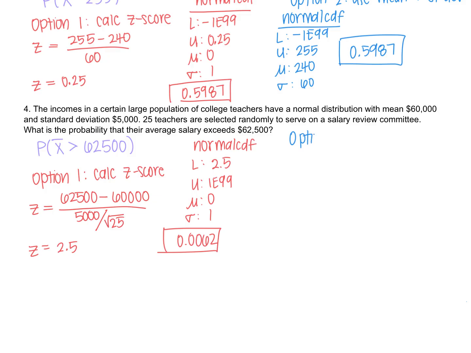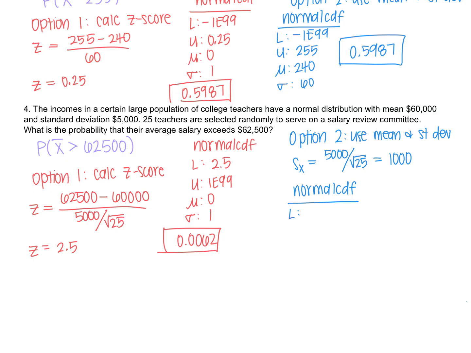For option 2, first thing we have to do is calculate our standard deviation. So we're going to do 5,000 divided by the square root of 25, which is 1,000. Then we go to normal CDF.